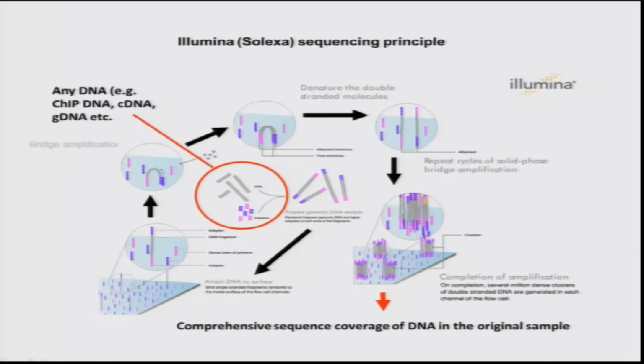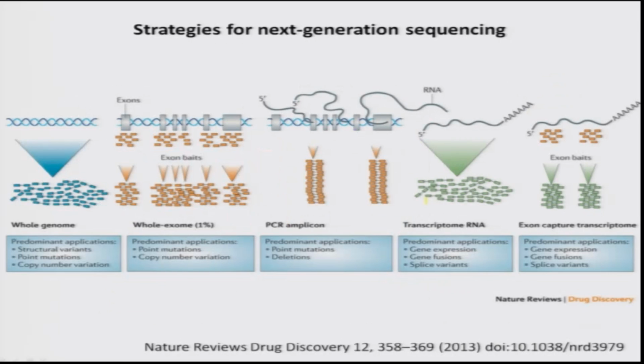Or it could be the ChIP data, meaning the DNA that is bound to certain transcription factors or histones and so on. So any DNA can be used here to sequence, and that would tell you what that particular DNA represents. This is a versatile platform, you can use it for any purpose, and some of these usages are shown here.